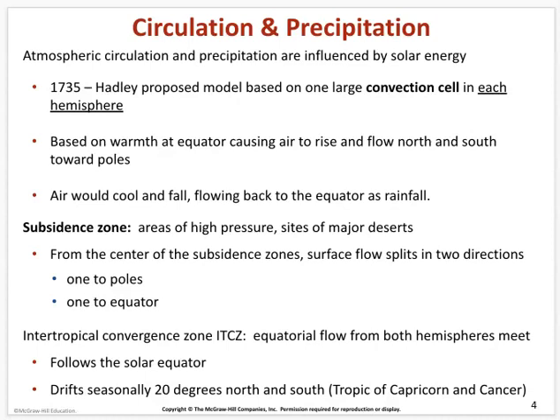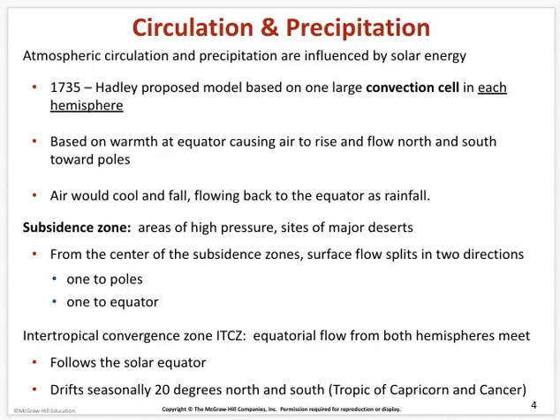When we have real high pressure, it's typically a site for a desert. When we look at how the air flows in the subsidence zone, from the surface it splits in two different directions. On one side it goes toward the pole, the other side it goes toward the equator. And so the high pressure there creates a desert climate.